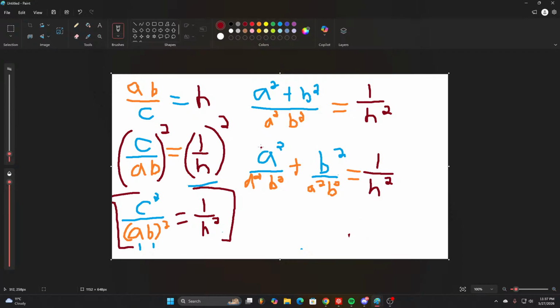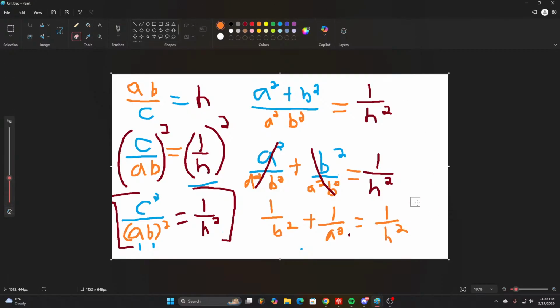From here, you can see some stuff that cancels, and we end up getting 1 over b squared plus 1 over a squared equals 1 over h squared.